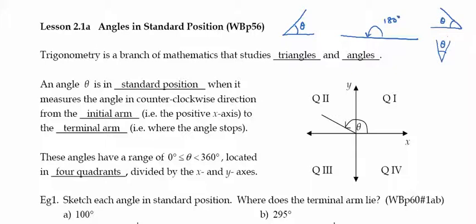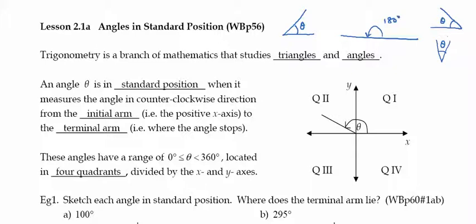Now, we are going to make everything so systematic that your angle will always start from the same point, and you are going to mark the end of your angle using a line.